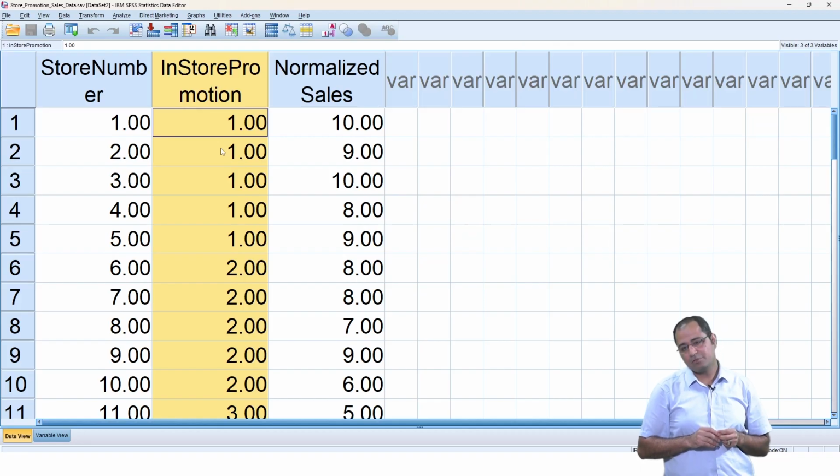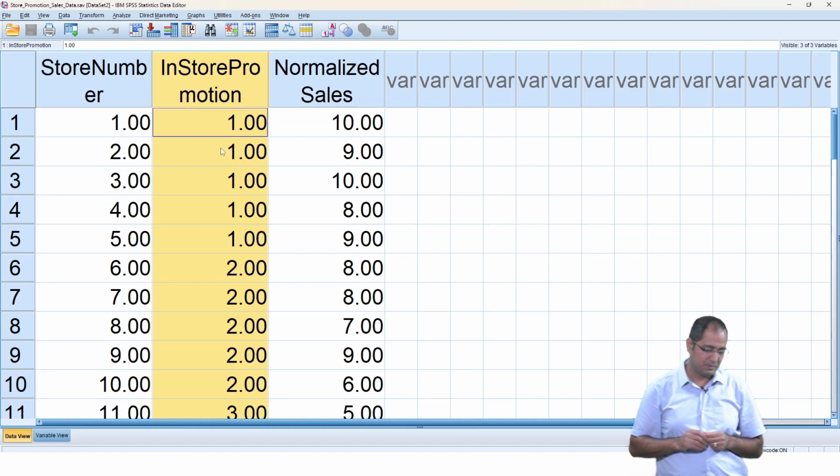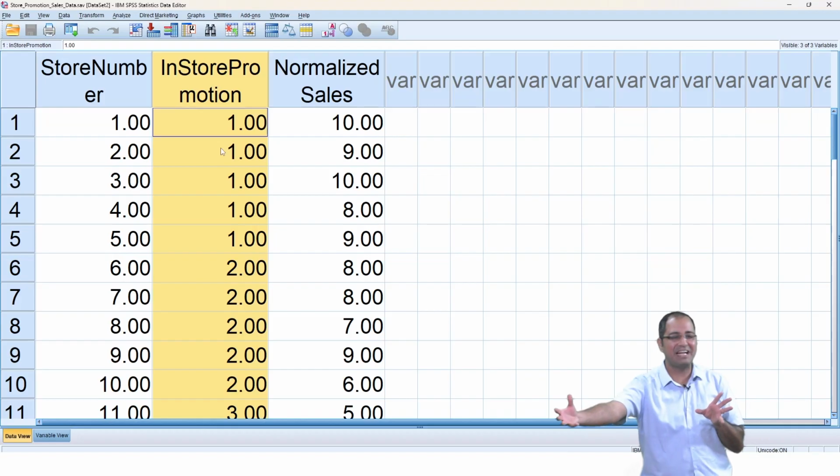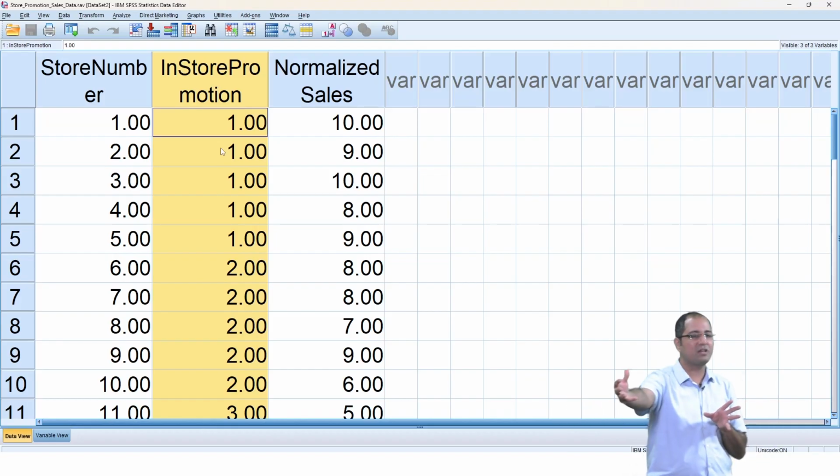It would be very, very useful. For 3 different types of in-store promotion, now we have to see whether there is a difference in the metric variable sales that they help the store achieve.